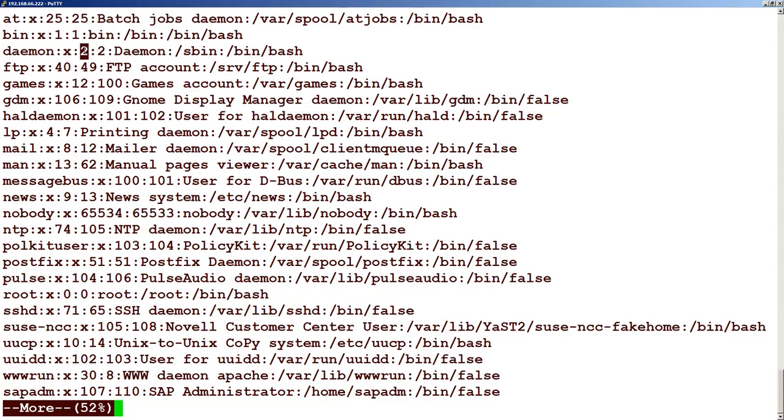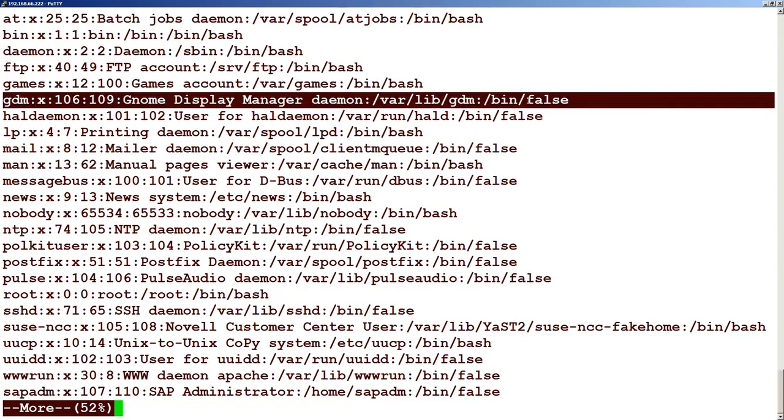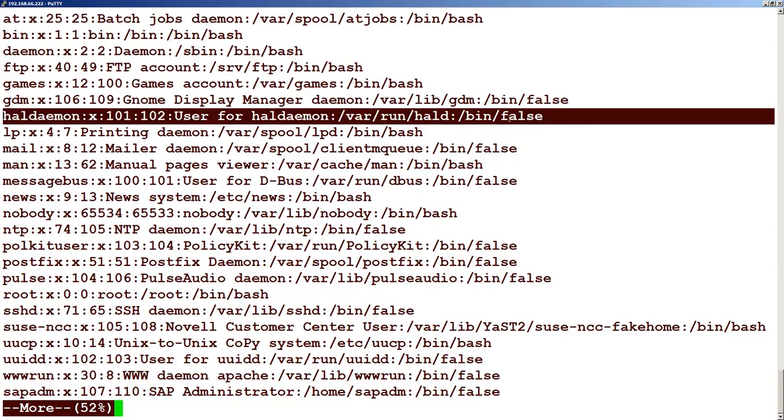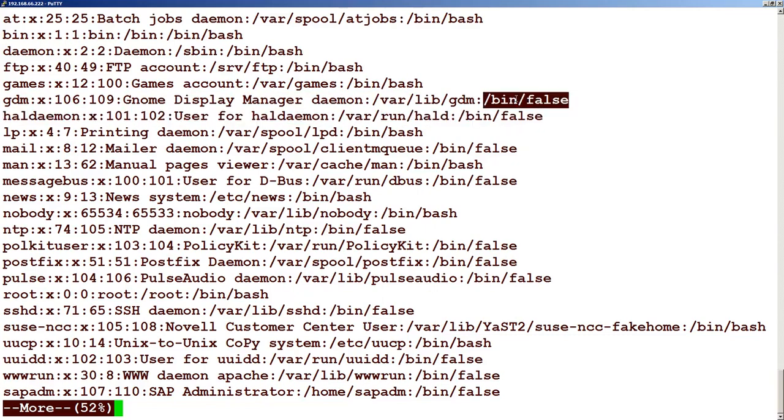See the value for daemon, 2, and you can see that for security purposes these users have /bin/false as the shell, which means nobody can log in with that ID. That is a security measure to prevent people from logging in.